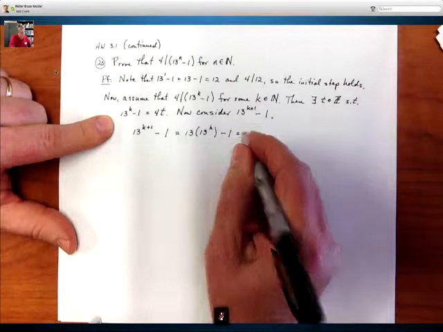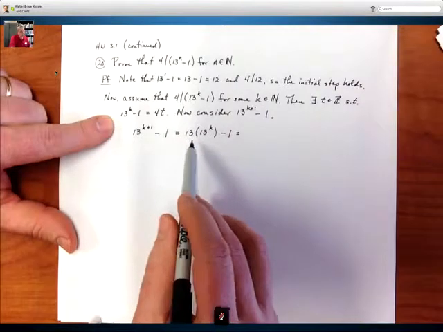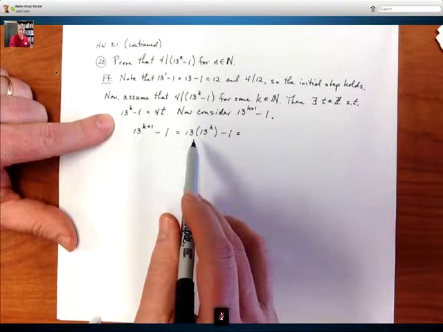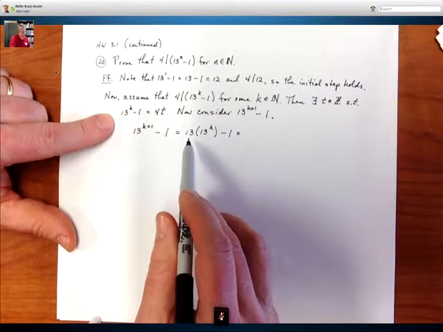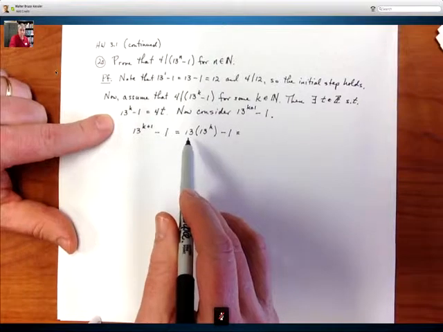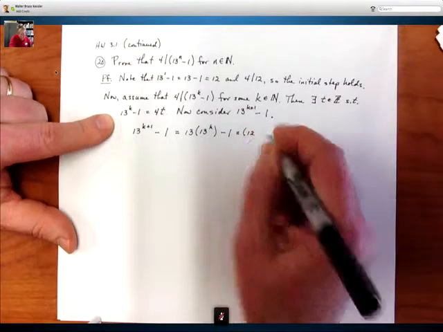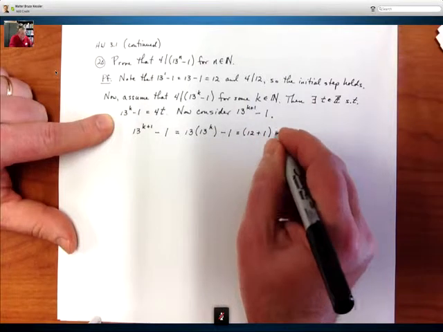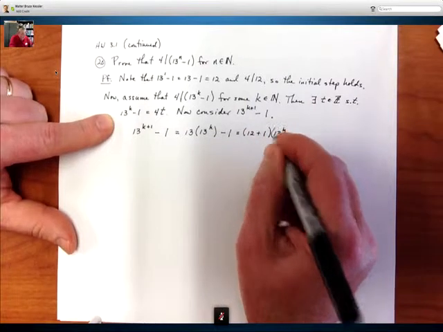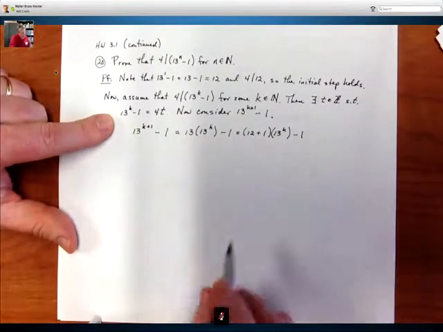The crucial piece of this, though, I think, is the fact that 13 is really 12 plus 1. Okay? All right. So I'm going to use that fact, 12 plus 1 times this 13 to the k business, minus the 1.